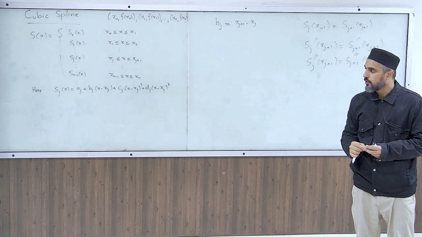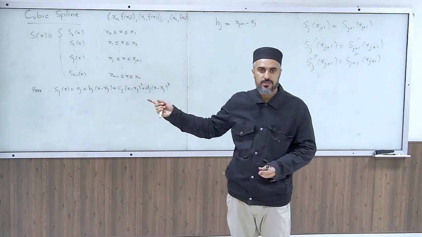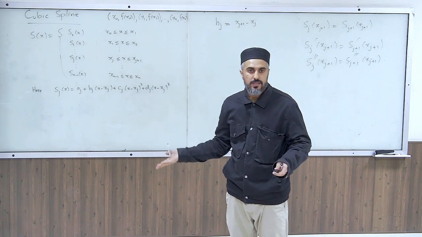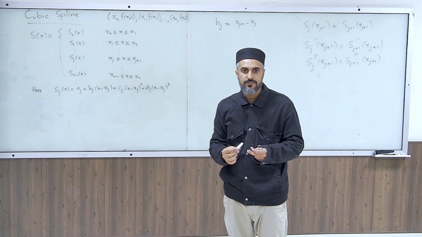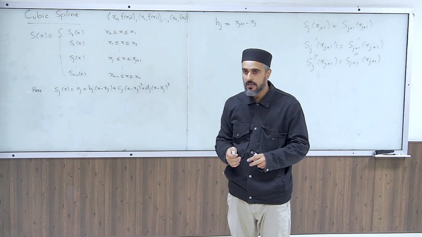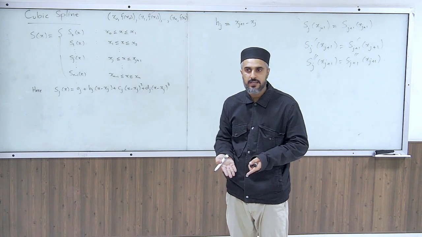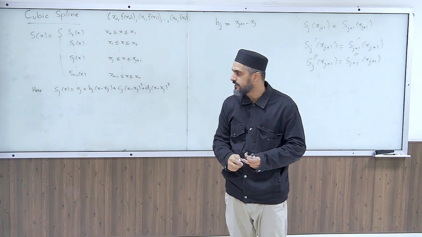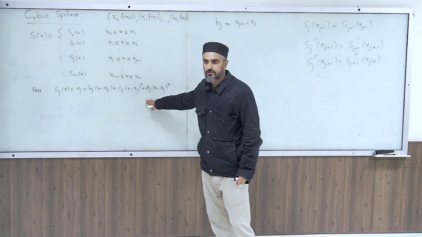By these you will be able to find the bj's, because the expression of the bj's involves aj's and cj's, which we already found. At the last you will be able to find the dj's from the values of the cj's. So if you go this way, starting with the aj's first, then the cj's, then the bj's and the dj's, you will be able to find all the unknowns that we are trying to find.